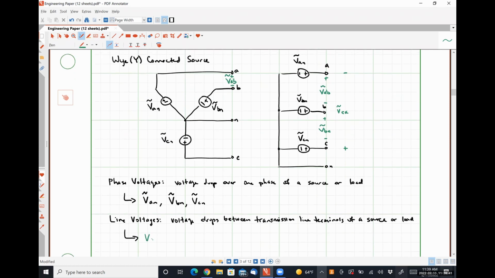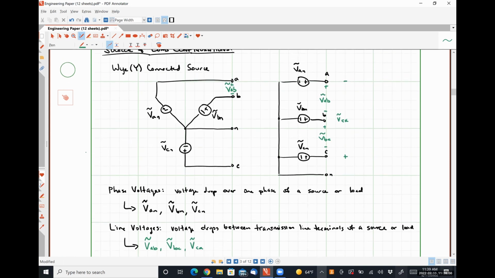So VAB, VBC, and VCA are our line voltages.